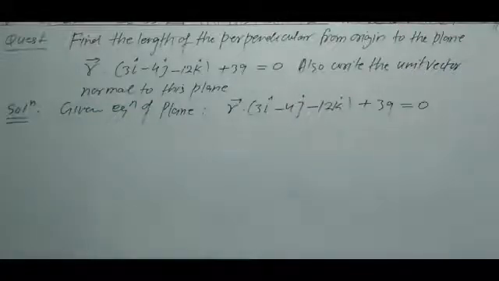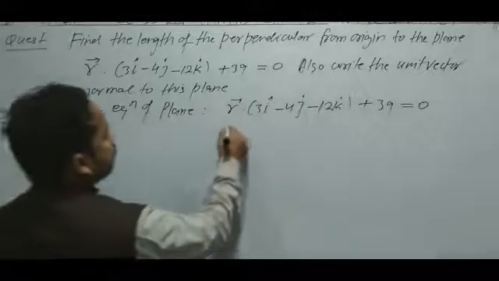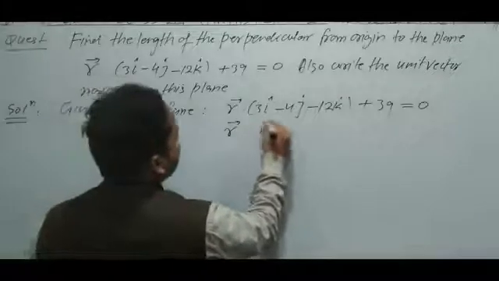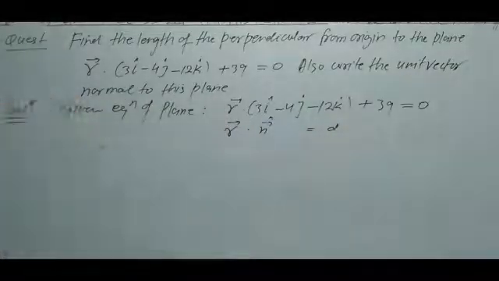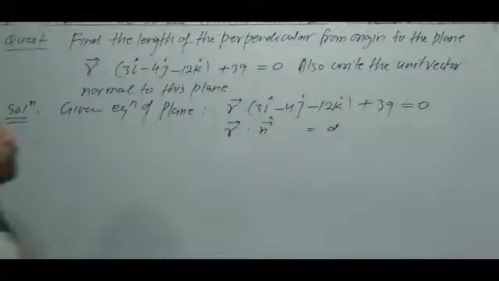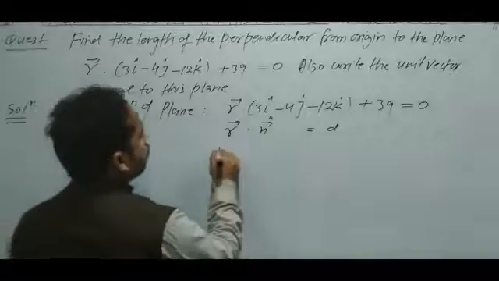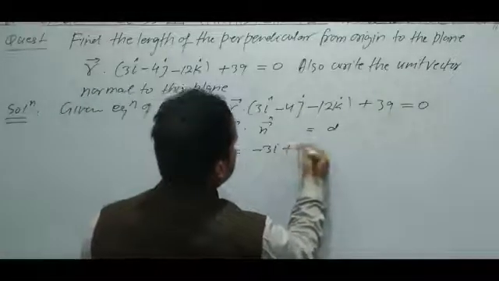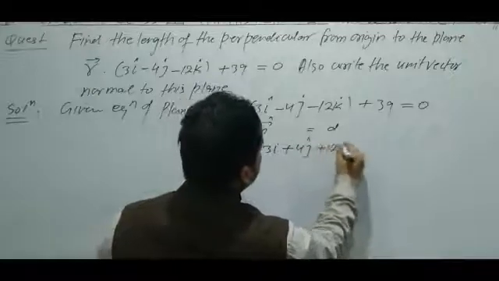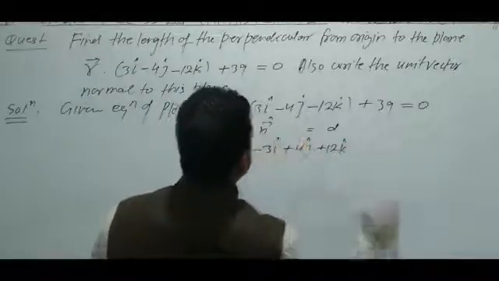Now in terms of the r dot n cap is equal to d format, when you convert it, you will see the vector n is equal to minus 3i plus 4j plus 12k. This is the n vector.